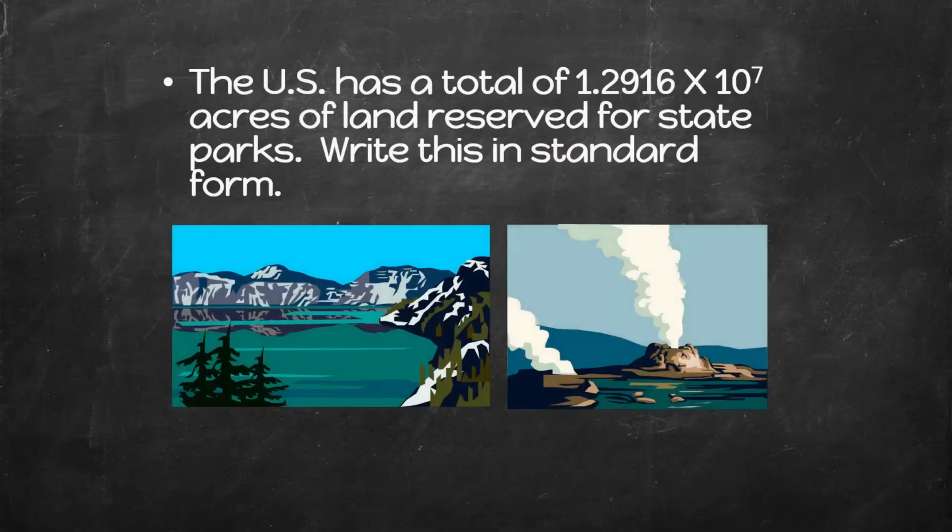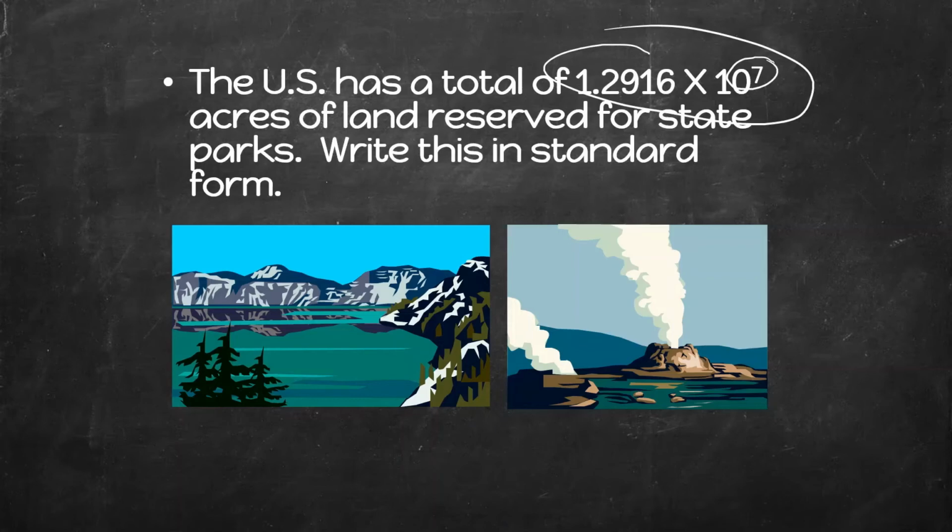Another example. The US has a total of 1.2916 times 10 raised to 7 acres of land reserved for state parks. Write this in standard form. Kanina, sinulat natin scientific notation. Ito naman, ira-write natin in standard form. Ito yung given natin. Positive raised to 7 siya, tama? So, we have to move it to the right.